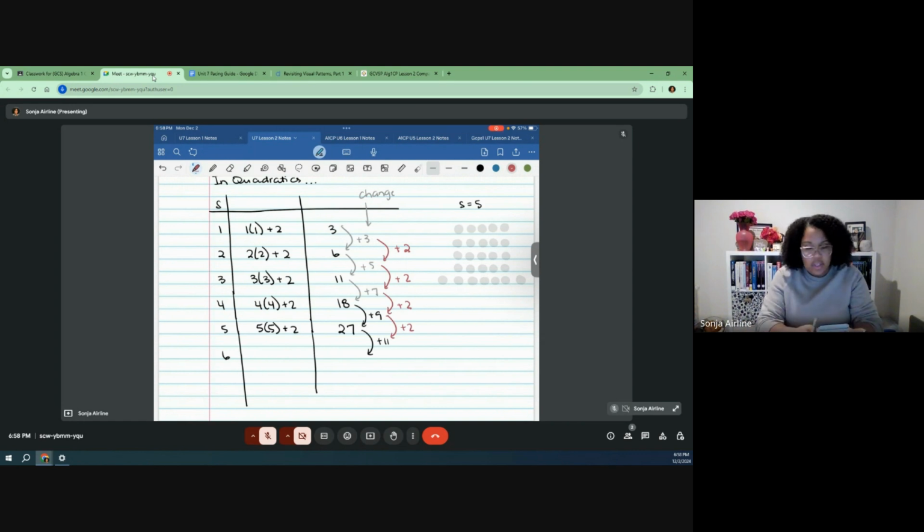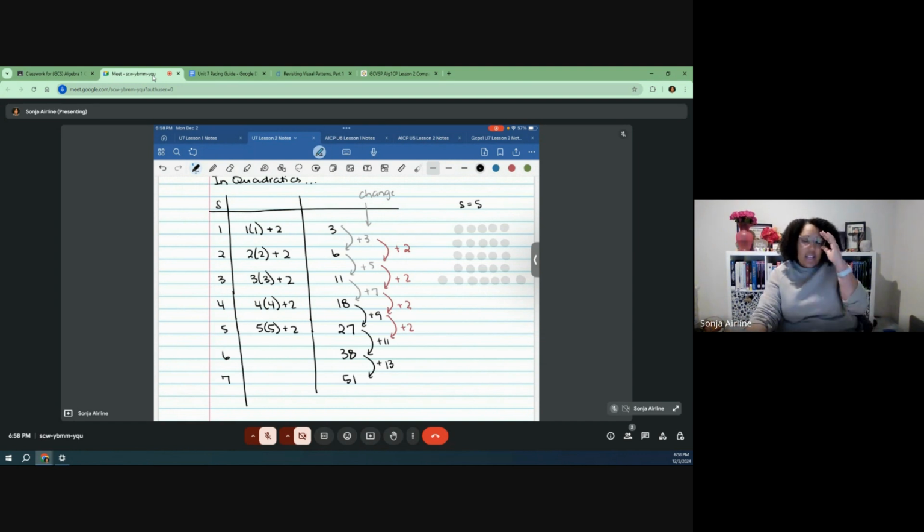So let's see, 27 plus 11 would be 38. I can even do that again. Let's do stage 7 now. This time, I would be adding 2 more to 11. So my increase would be by 13 this time. So 38 plus 13 gives me 51.